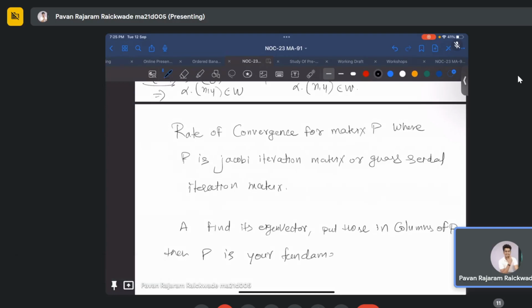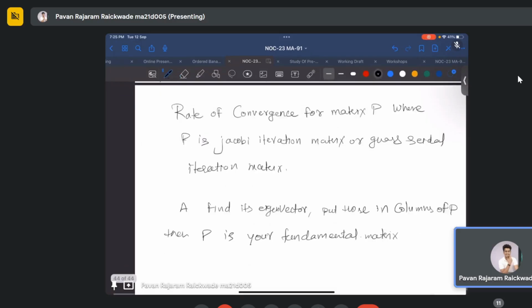Then there are no such specific properties about P. Is it just a matrix? If you have n linearly independent eigenvectors, then if you do P A P inverse, you will get a diagonal matrix D which consists of the eigenvalues of A. But other than that, I don't see any specific properties for P. I haven't even heard this name fundamental matrix before. There has to be some interesting properties regarding this matrix P.